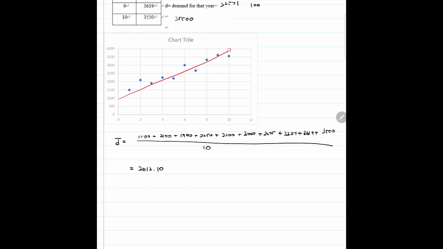And with the sum of t square, which is 385, and we also need the sum of dt.